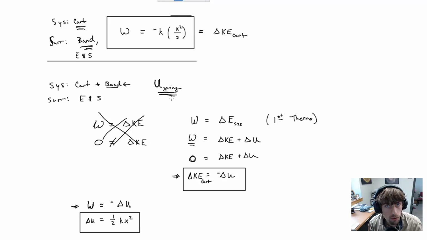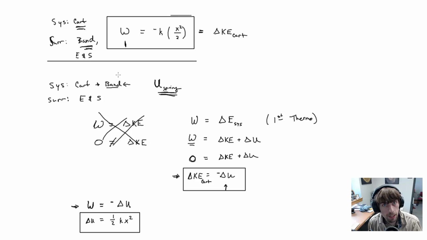And by setting those two equal to each other, I can get an idea about the quantitative expression for the change in potential energy. That's given down here at the bottom. So you notice if you put the rubber band in the surroundings, then you're talking about net work done on the system.